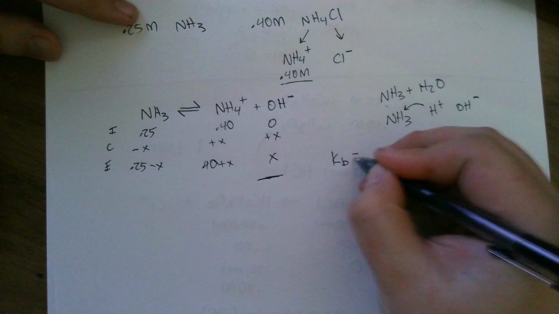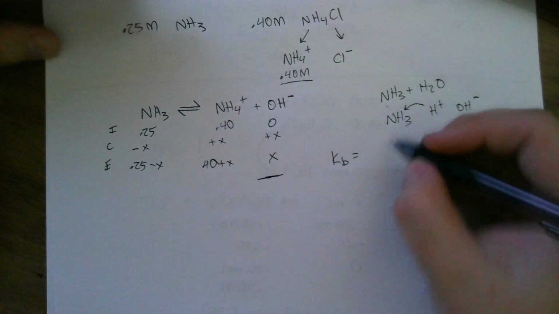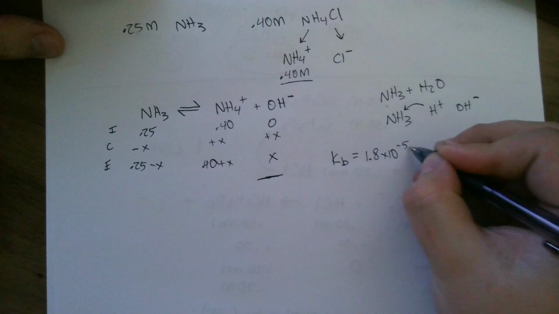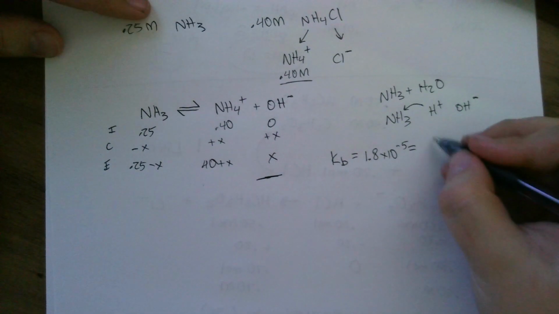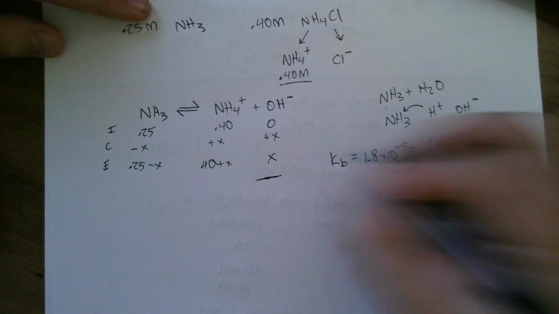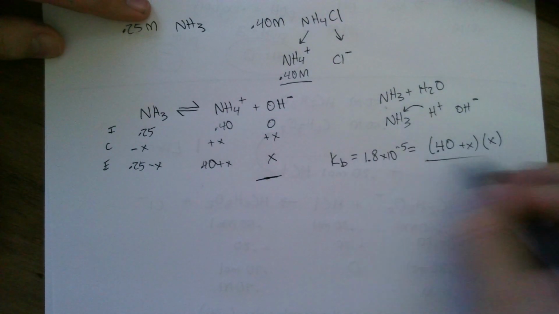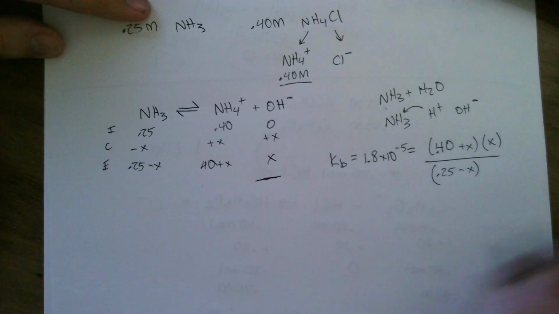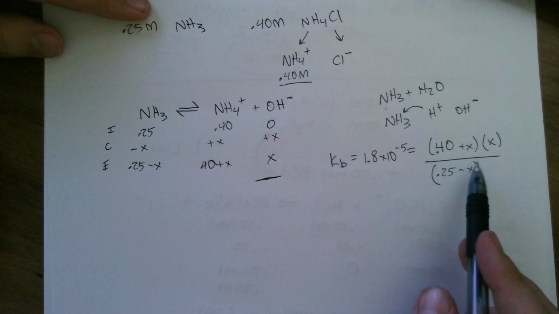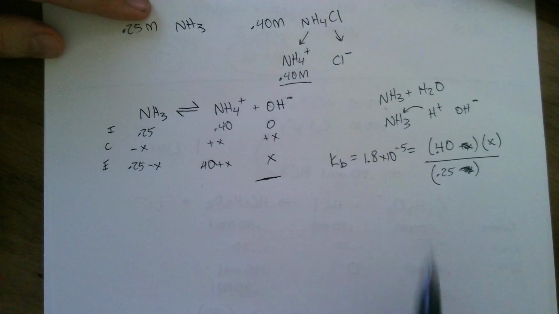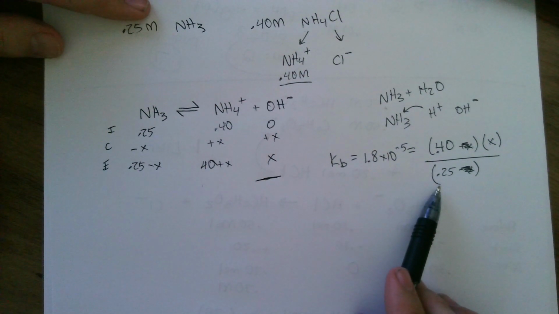The other information given to you is the Kb of ammonia. It is 1.8 times 10 to the minus 5. That equals products over reactants. My first product, I have 0.4 plus X at equilibrium. OH minus, I have just X. And last, I have 0.25 minus X. I'm going to use the same approximation to get rid of this plus X, get rid of this minus X, and instead, I'm just left with this expression here.